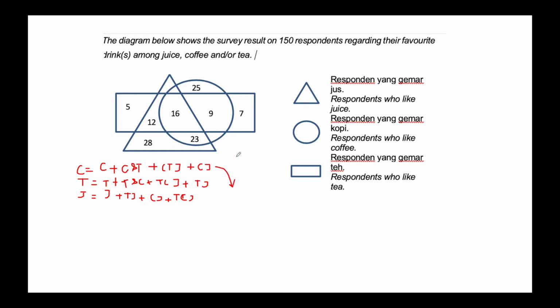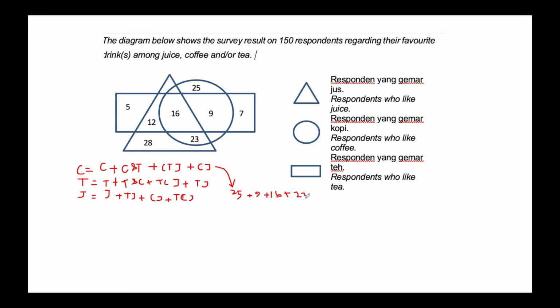So the number of people who love only coffee is 25, and who love coffee and tea is 9, love coffee, tea and juice is 16, love coffee and juice is 23.